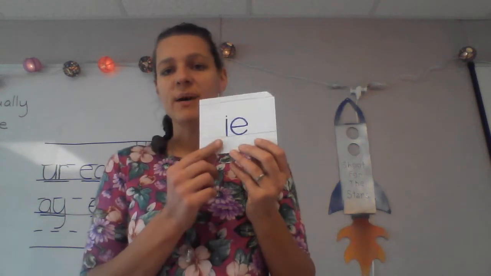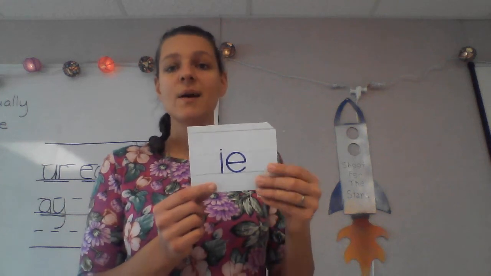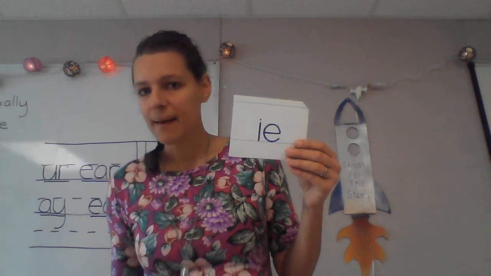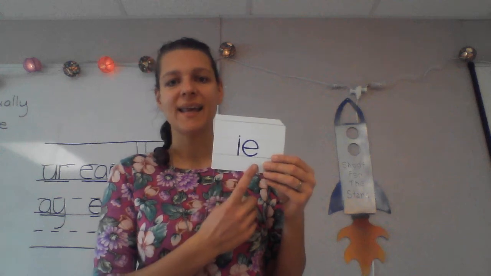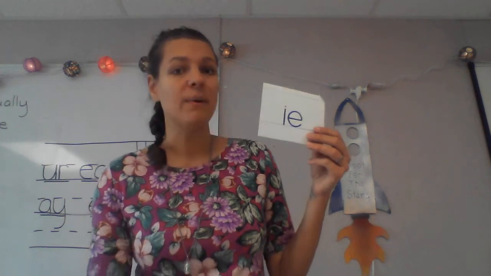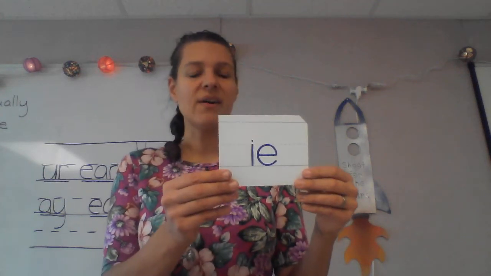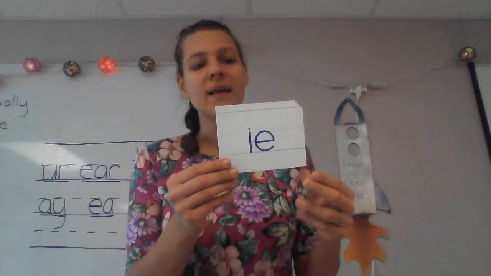Good. And this one, the trick that I like to use to help me remember it is we say E-I, but we write I-E. Say that with me. We say E-I, but we write I-E. Let's do that one more time. We say E-I, but we write I-E. So the 2 sounds of this phonogram are E-I.